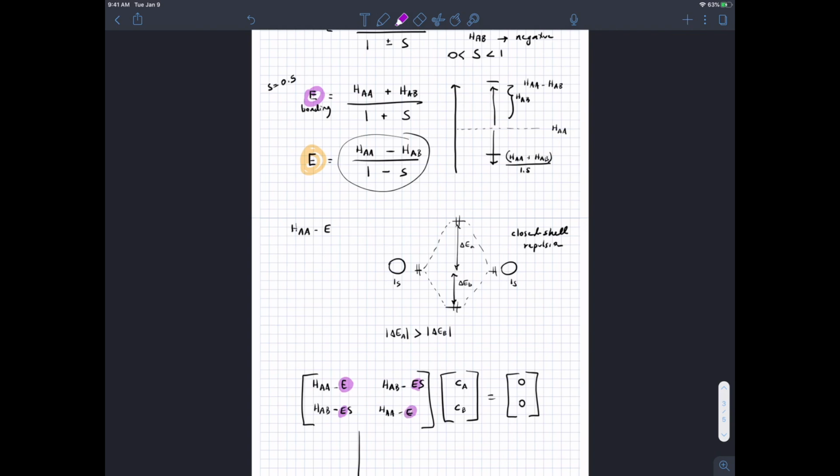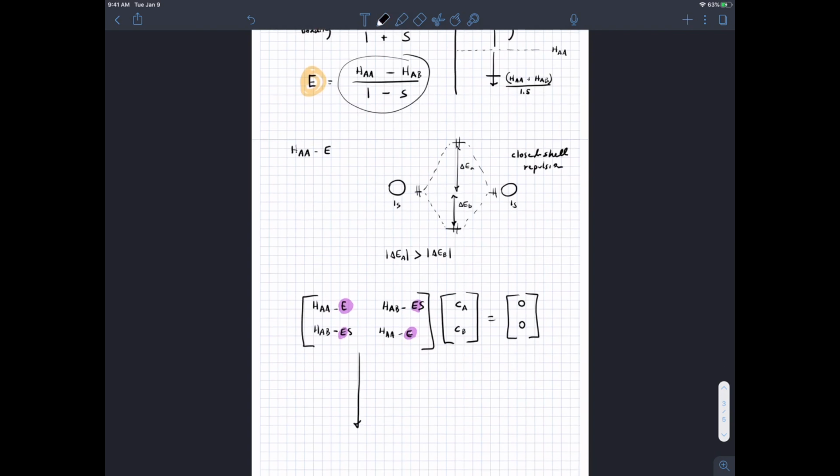And if we do the math, we can solve for what Ca and Cb should be when the energy is at the bonding level. And it just so happens that at the bonding level, we determined that Ca equals Cb.